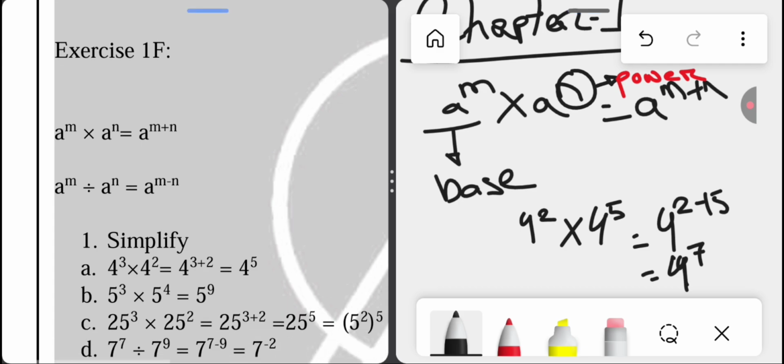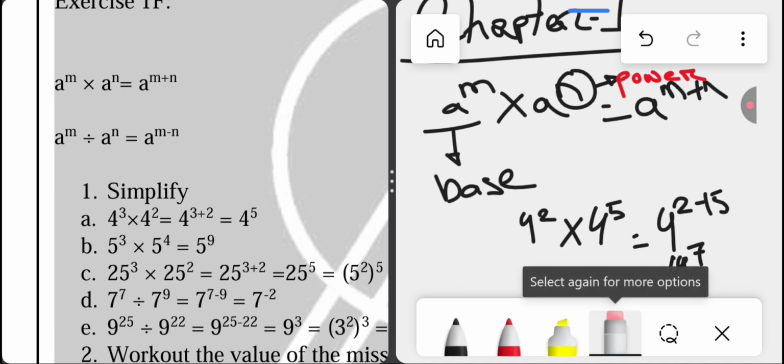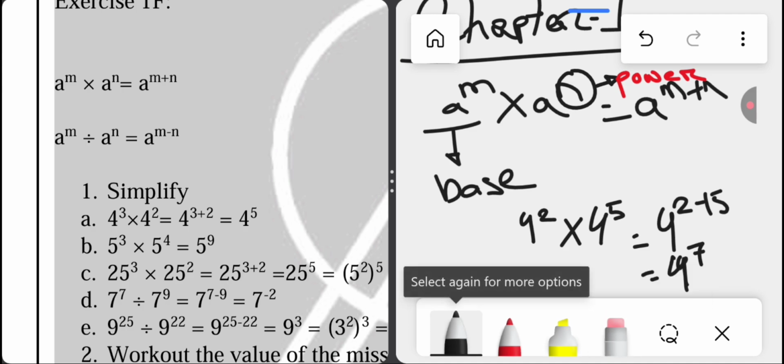For this exercise we are only going to look at two things: if the bases are the same, it's either being multiplied or being divided. When the bases are the same and it's being multiplied, then a to the power m into a to the power n is equivalent to a to the power m plus n.